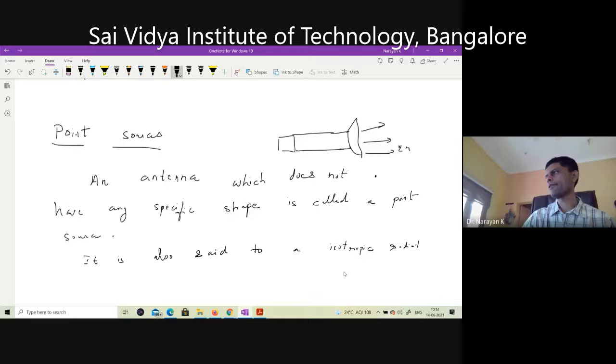Isotropic radiator. It is also called an isotropic radiator.